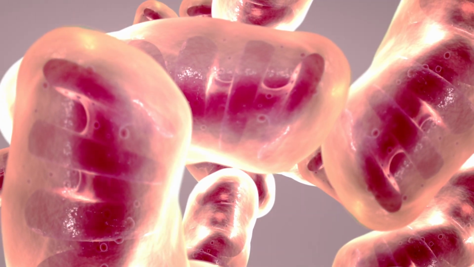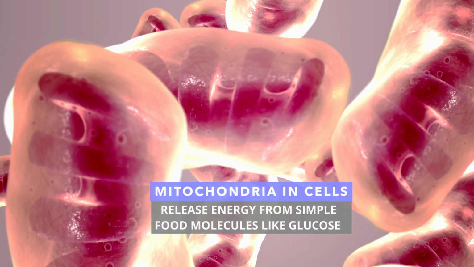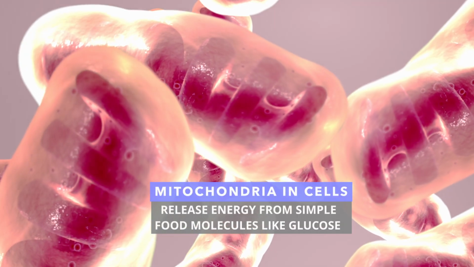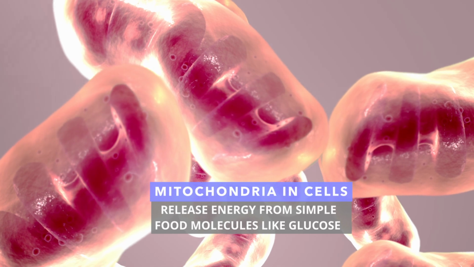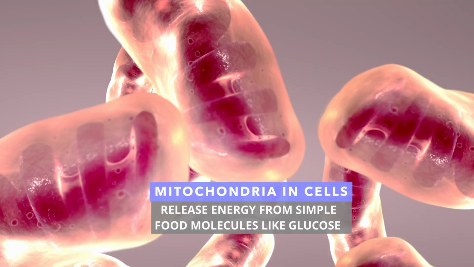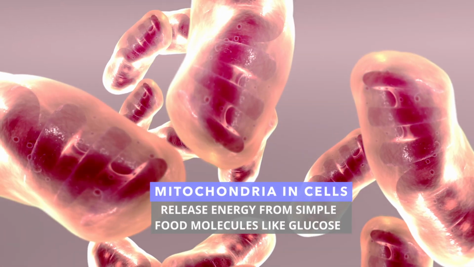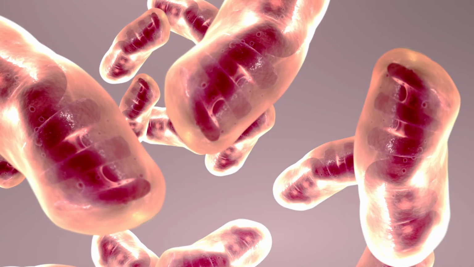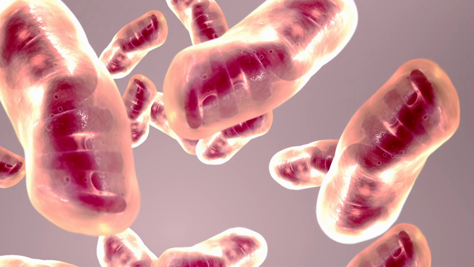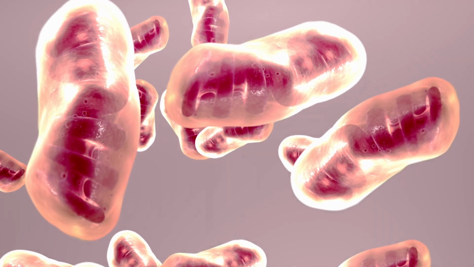In mitochondria, the molecules like glucose are broken down and ultimately they produce carbon dioxide and water in presence of oxygen. So this is a pathway of breakdown. This is catabolic pathway or this is catabolic process.